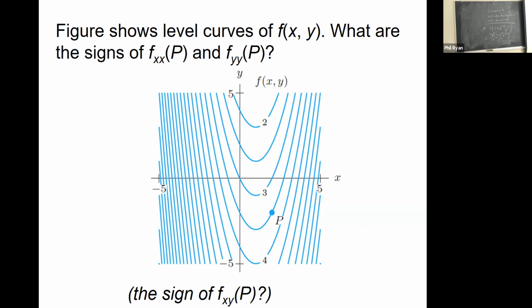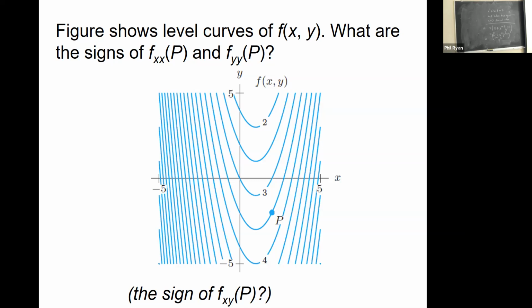Uphill, so therefore fx is positive. I'm interested in fxx. That means the rate of change of the rate of change. As we go up, is it getting steeper as we go along in this direction? Yeah. That means it's positive.